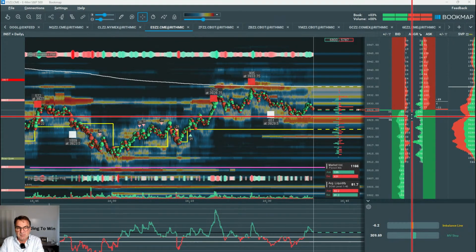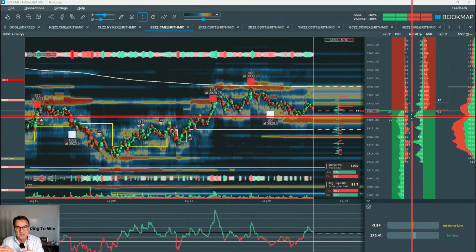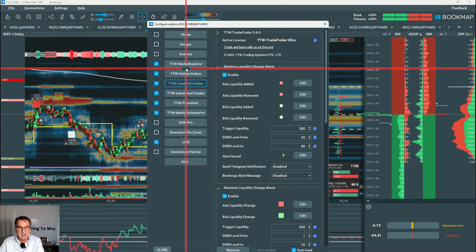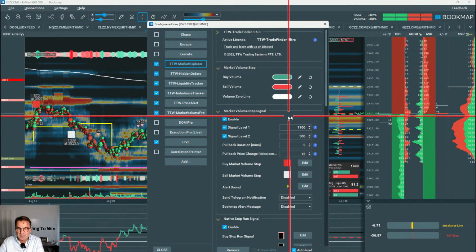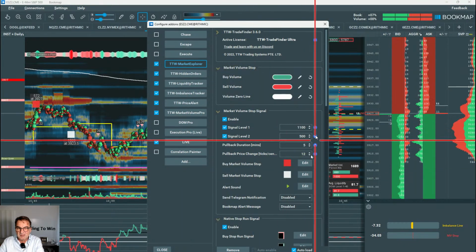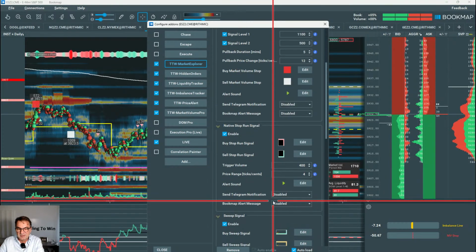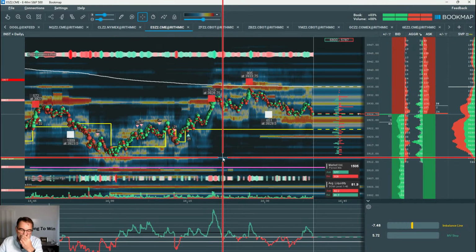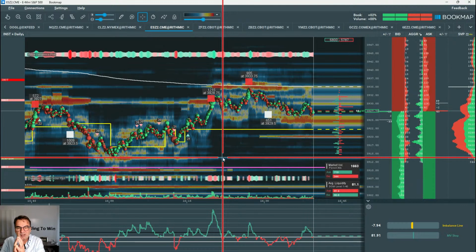That makes the market calm, to stay calm and trade with low volume. And when the market trades with low volume, it's appropriate to change the signals, because TradeFinder works with market volume, and you should understand that.